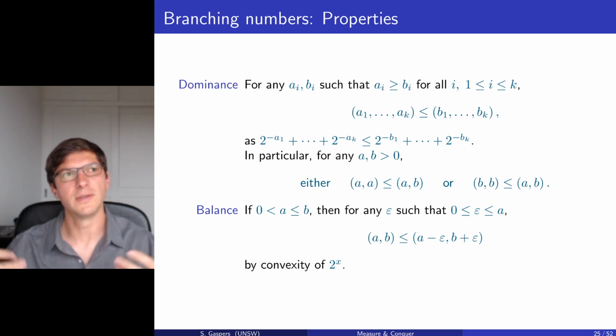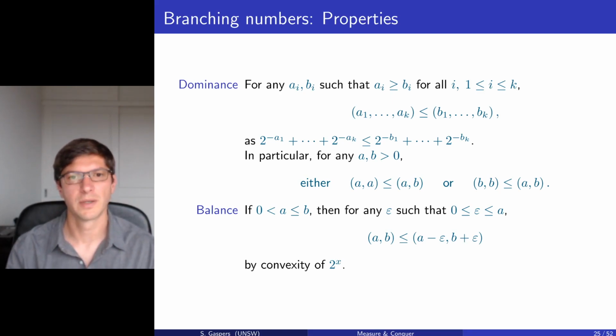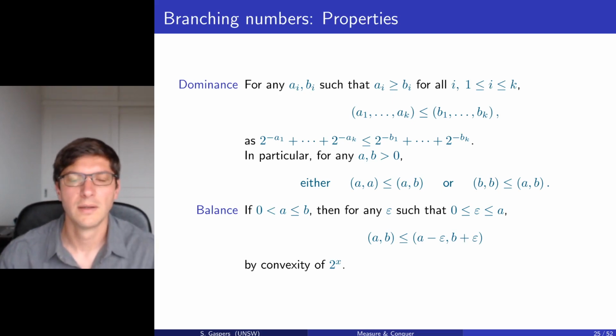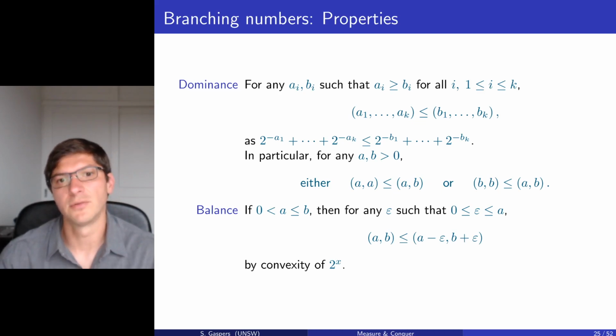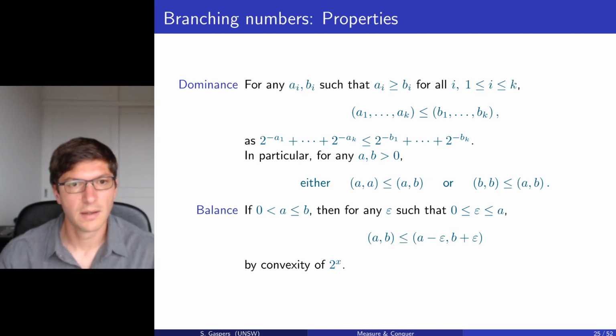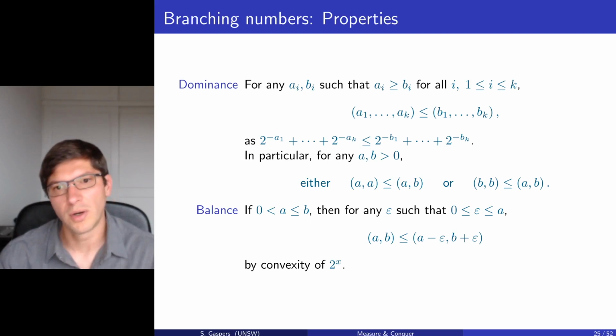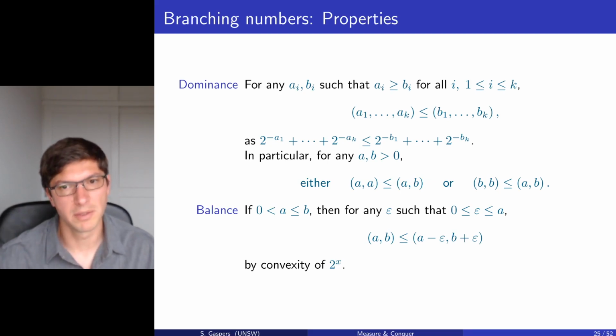This means that we decrease the instance by at least as much considering the a's as when we consider the b's, so the branching number we get in the end is better for the a's than for the b's. There's a special case here: if we have two values a and b, either a is at least b or b is at least a, and that's why either a comma a is at most a comma b, or b comma b is at most a comma b.